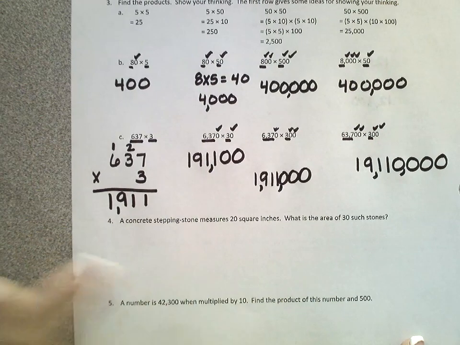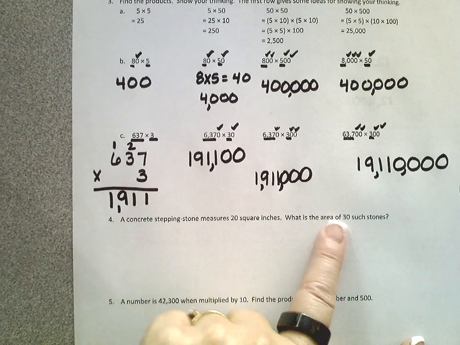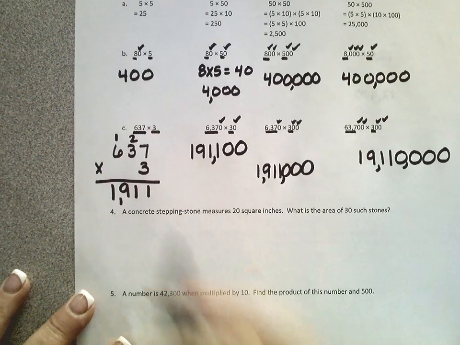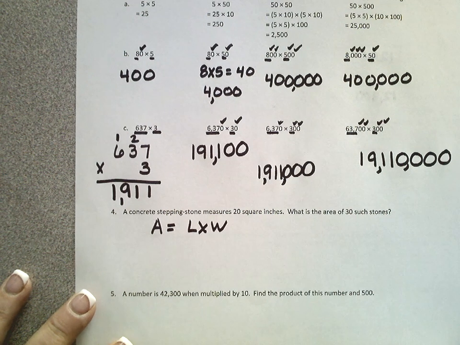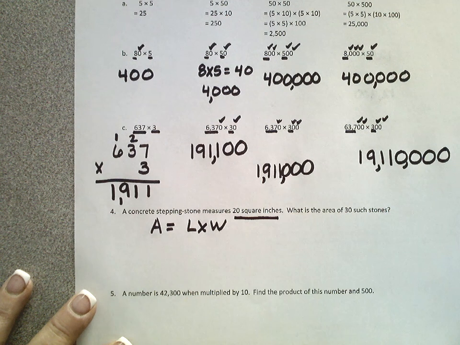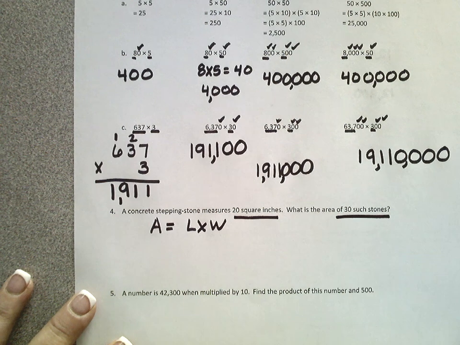A concrete stepping stone measures 20 square inches. What is the area of 30 such stones? Well, I know that area means length times width. So I've got 20 of those, and I got 30 such stones.